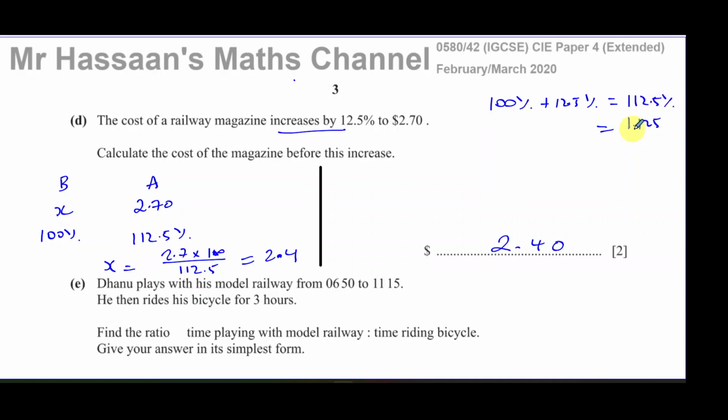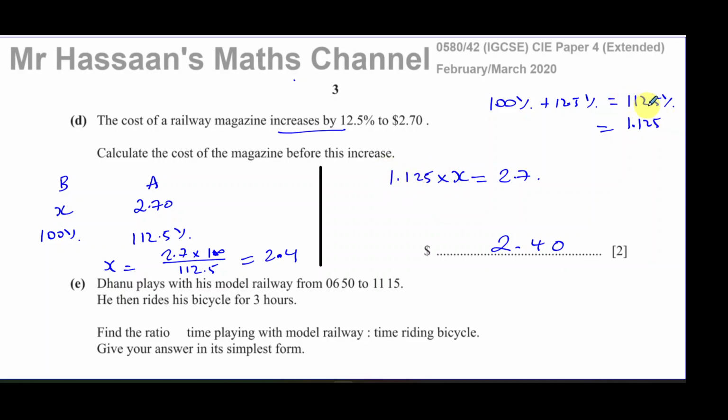Divide by 100, write that as a decimal. So we know that the original price, let's call it X, was increased by 12.5%. So now it's 1.125 multiplied by its original value, gave us a new value, which is 2.7.